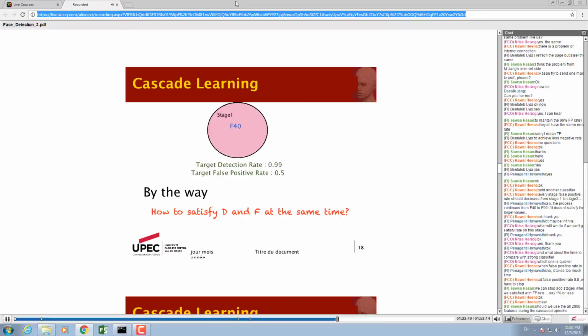By the way, there is one practical issue. Conceptually, it is good, but at every stage, when we are processing it, we add classifiers to the stage one by one, then we check the target numbers, detection rate 99%, false positive rate 50%.